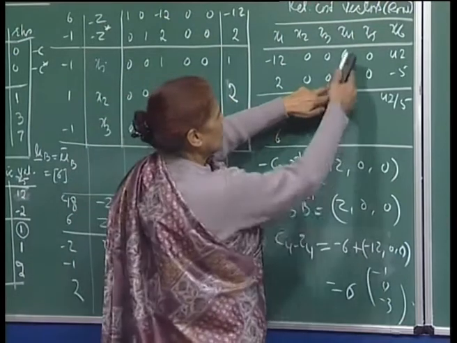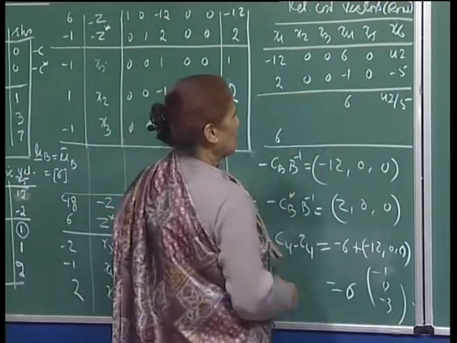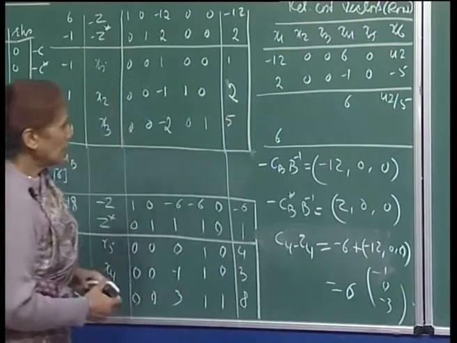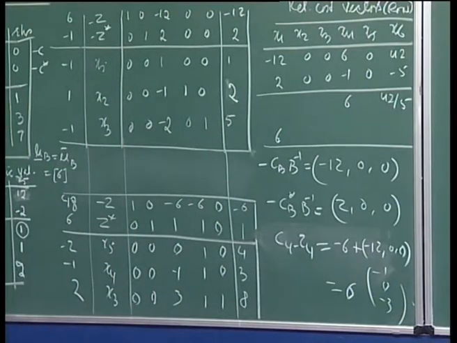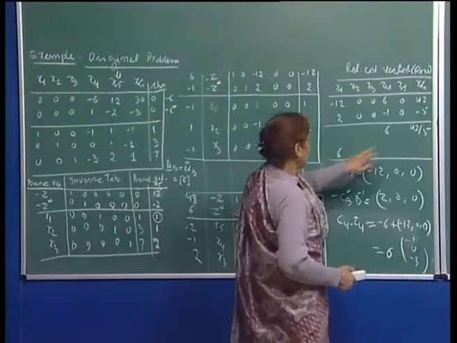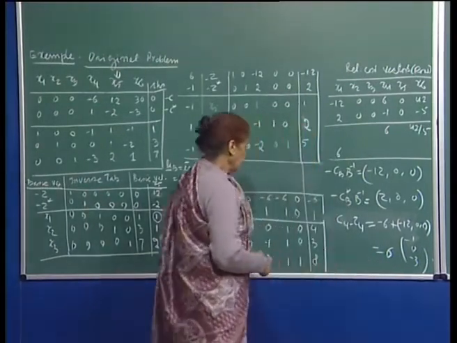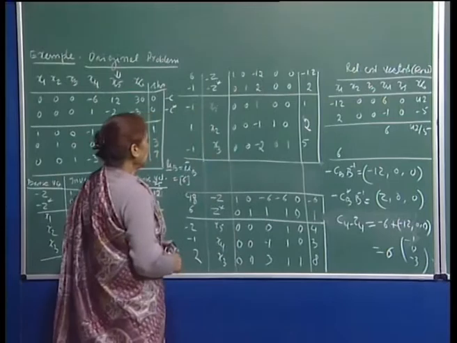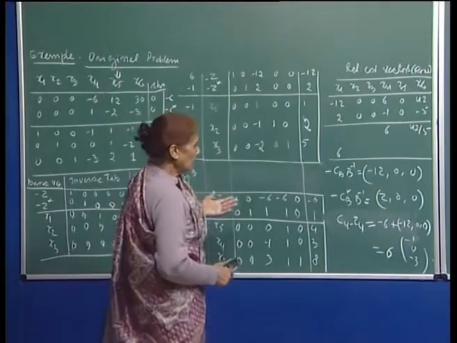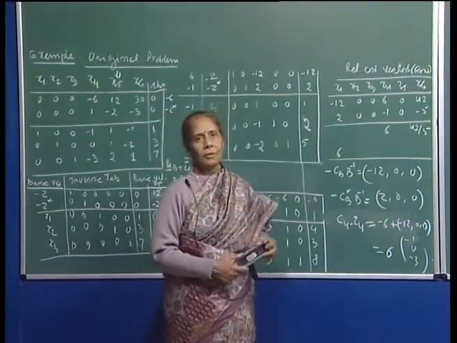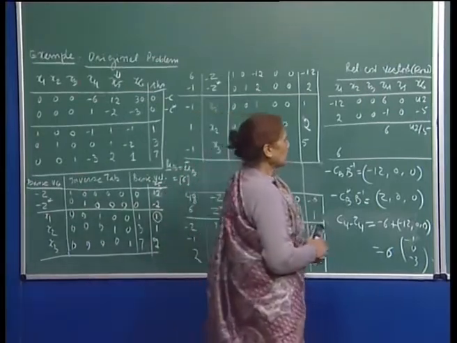Then for the negative ones, this is 6 and 42 by 5. So, here again the new basis is optimal, because this is a smaller minimum and this is a maximum, there is only one entry here. So, therefore, what we have concluded is that the new basis is again optimal for a single value of mu, right. That is the conclusion.